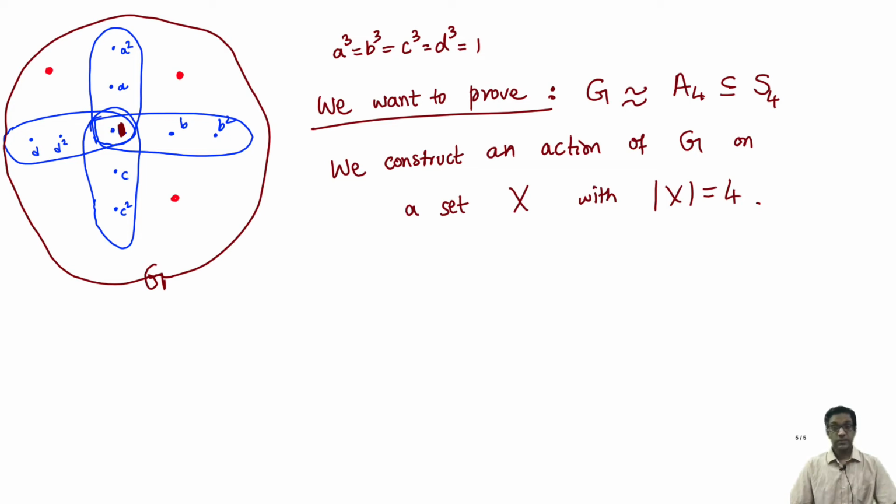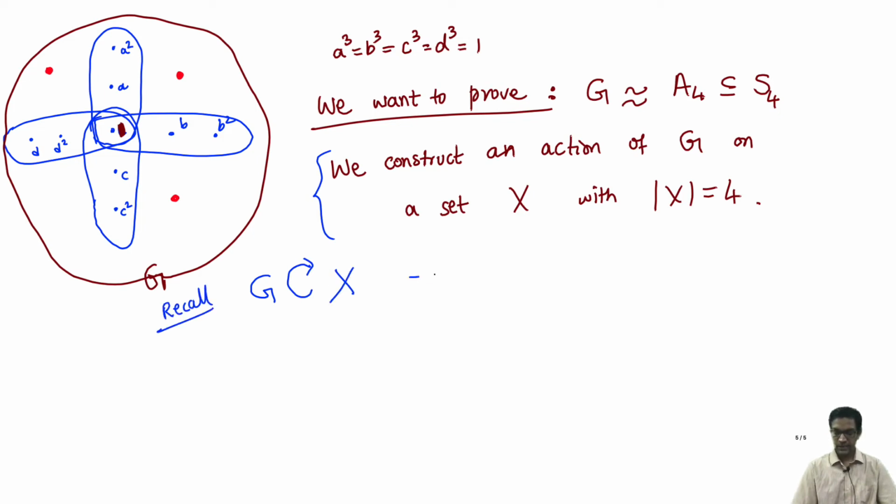Okay. Now, why does that help us? Why should we try and do it in this manner? How does that help? Because recall from the earlier set of problems that we did, group actions can be thought of in an alternative way. If a group G acts on a set X, this means I obtain a group homomorphism from the group G to the group of all permutations of X, or all bijections from X to X. And if you recall, how was this map defined?